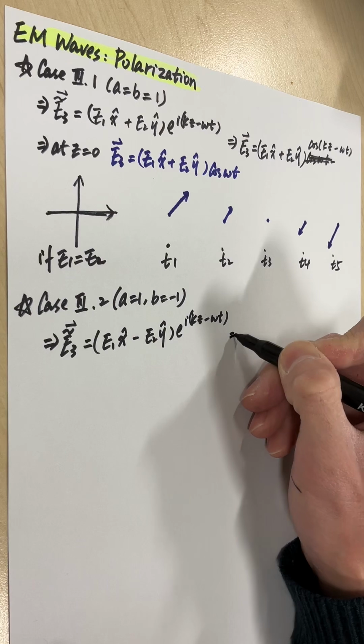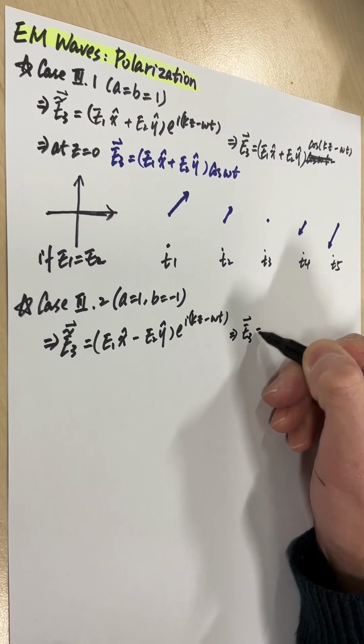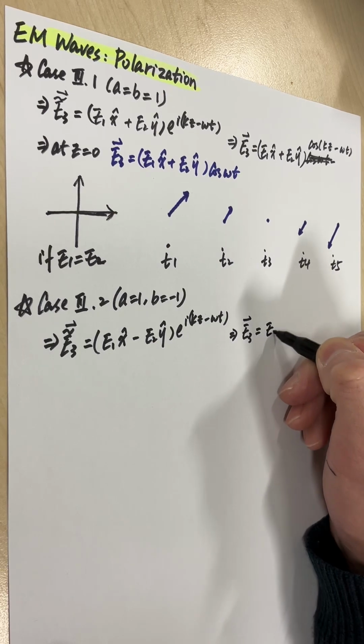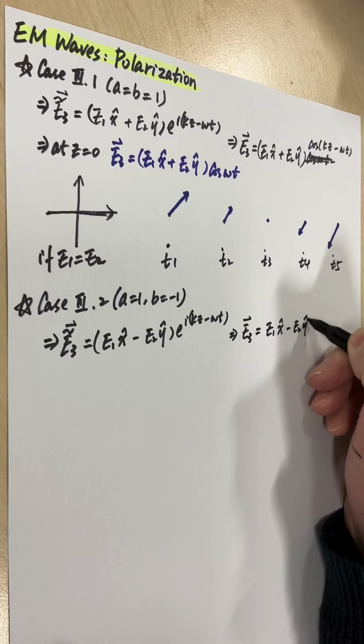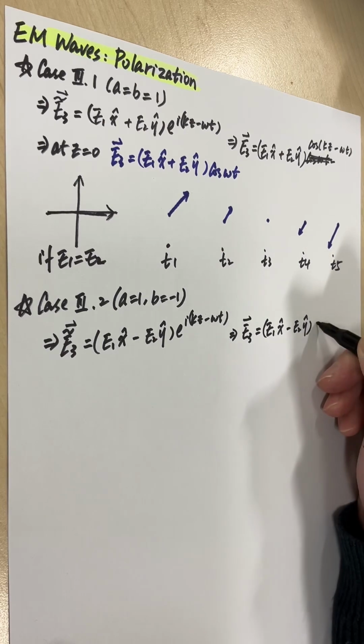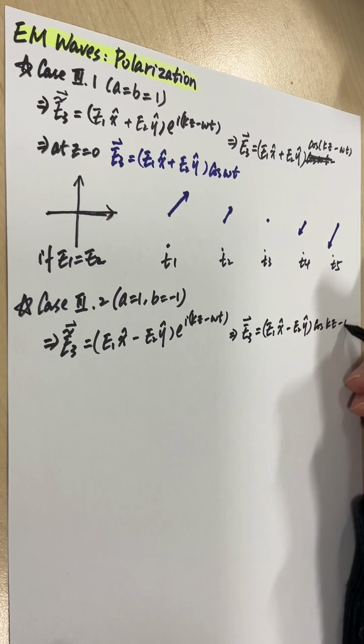If we look at the real part only, we have E3 equals E1 x direction minus E2 y direction, and then cosine kappa z minus omega t.